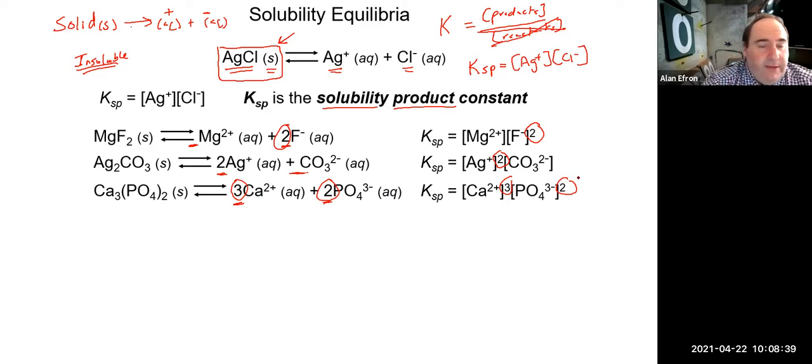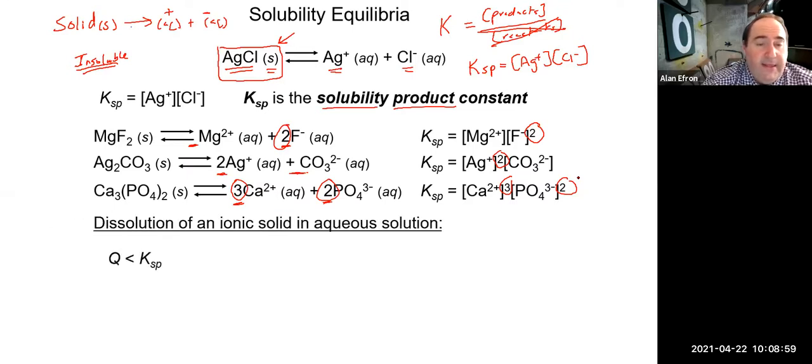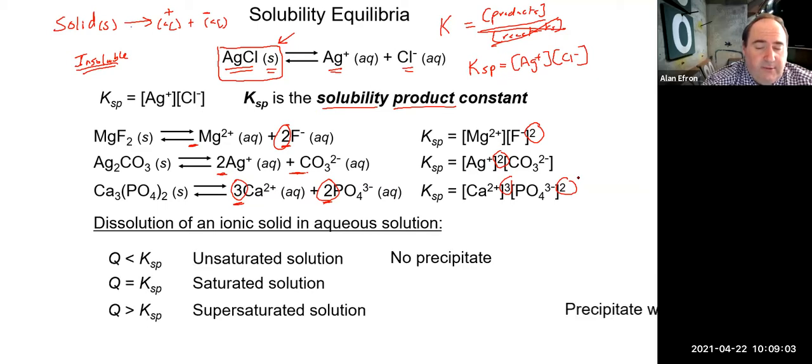So how do we know if we are actually going to get a solid to occur or not to occur? And one way that we could look at that, and we'll see a little bit more later on with some calculations, but one way we could determine whether or not we get a precipitate is using another calculation that we've seen before, and that is Q. And if you remember, Q is the reaction quotient.